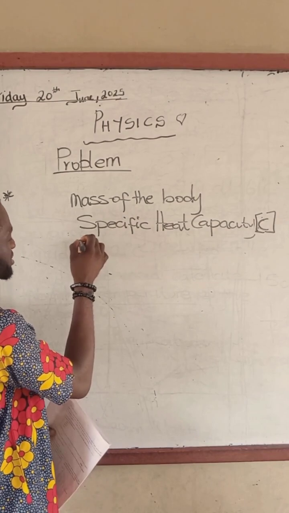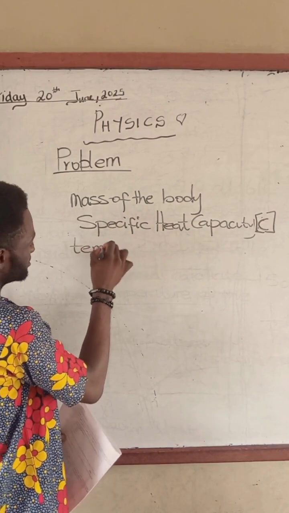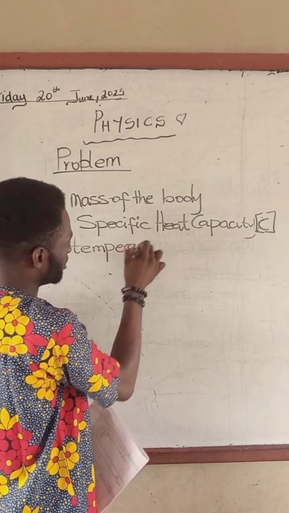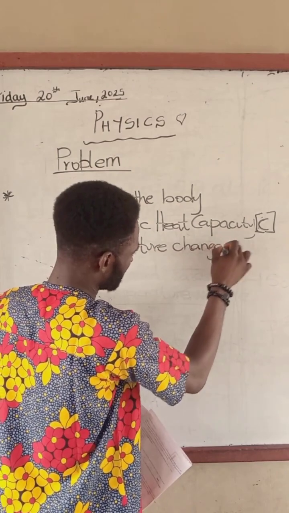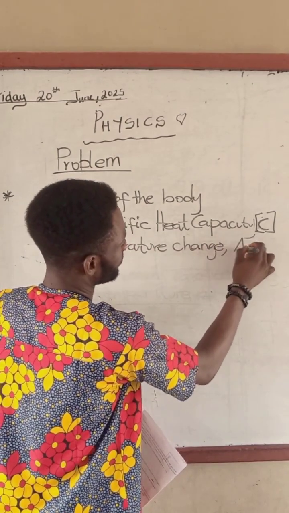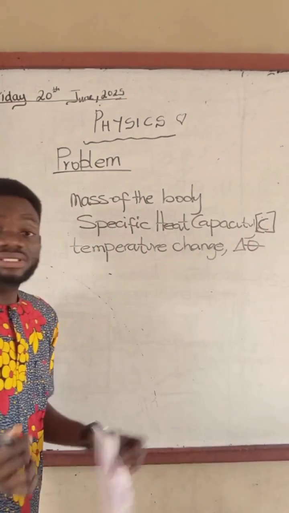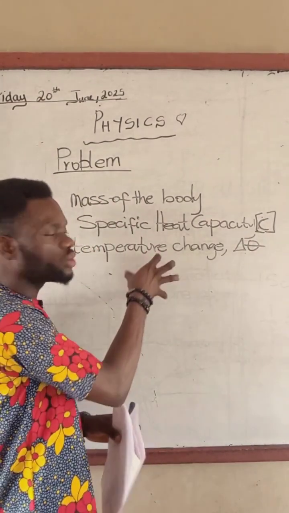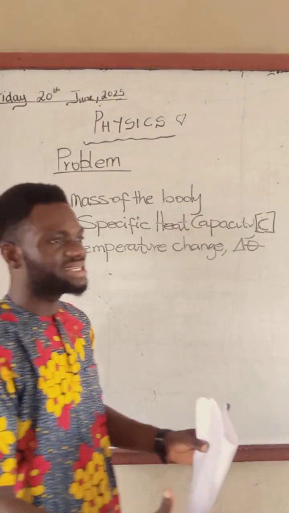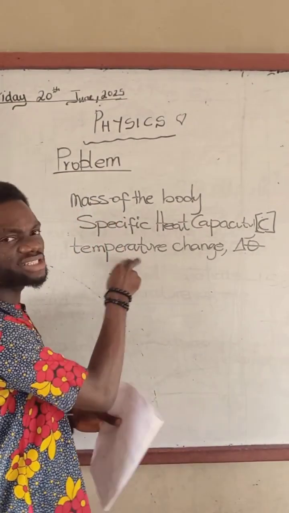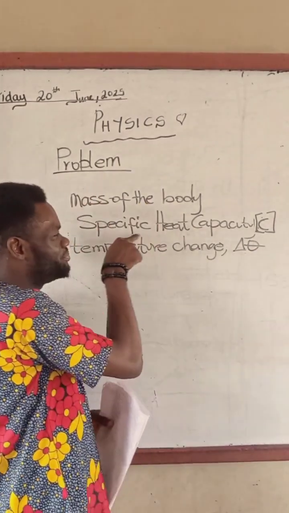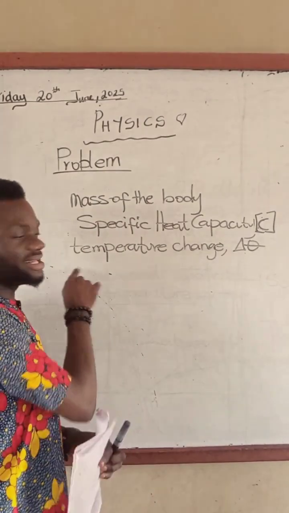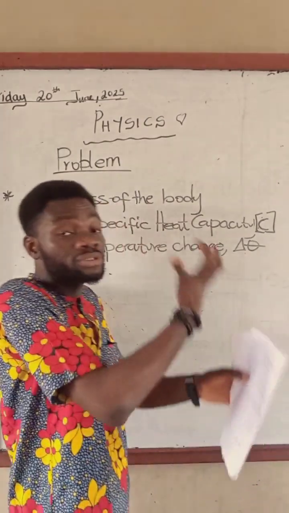and then the temperature change of that particular body. This is what gives us an idea of the heat content of the body. So when a body gains heat, it is based on these three things: the mass of the body, its specific heat capacity, and the temperature change it receives.